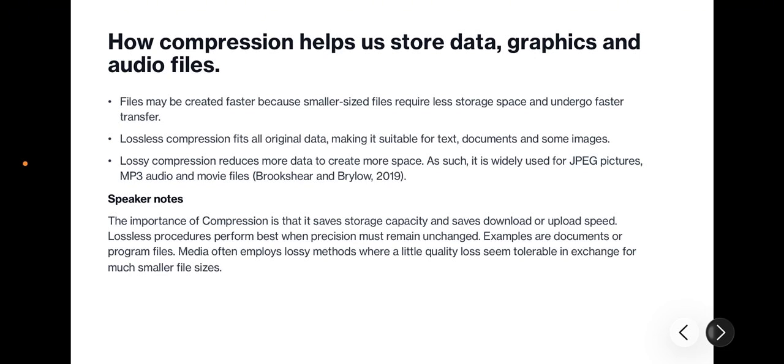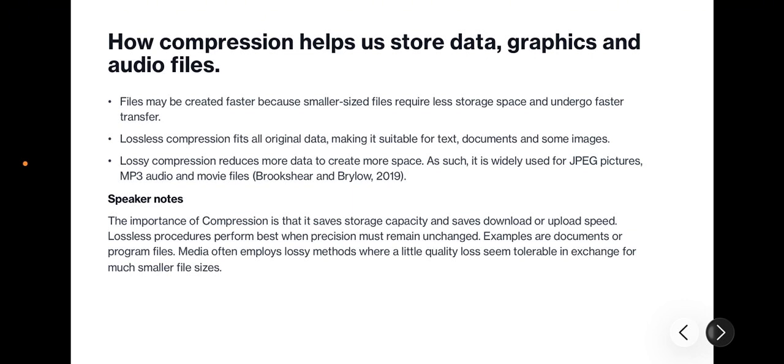Lossy compression removes more data to create more space. As such, it is widely used for JPEG pictures, MP3 audio, and movie files. The importance of compression is that it saves storage capacity and improves download and upload speed.